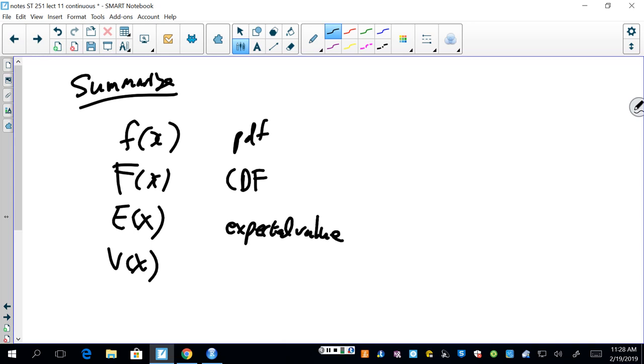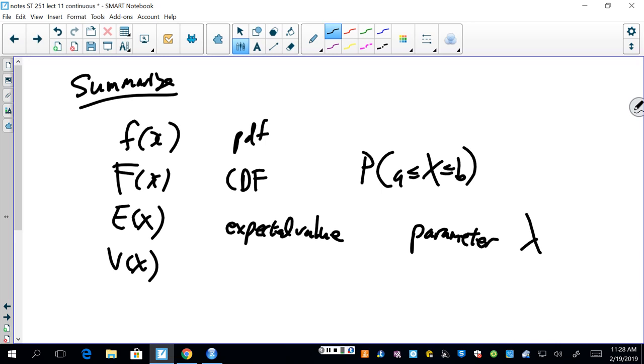We've used different techniques at looking at the probability that x is between some values. And often in these, there's a parameter, lambda for the exponential, with other names for other distributions. There's some role of the parameter. It changes the shape, it changes the probabilities.